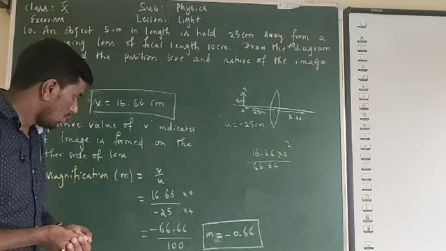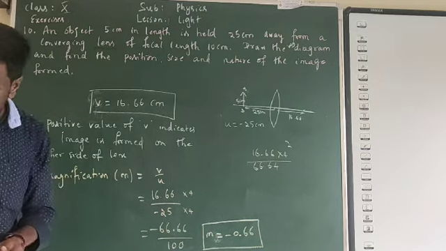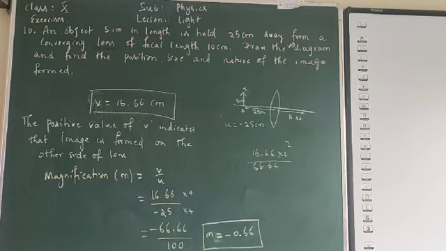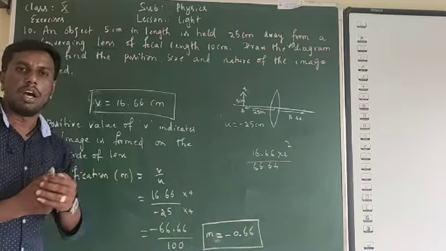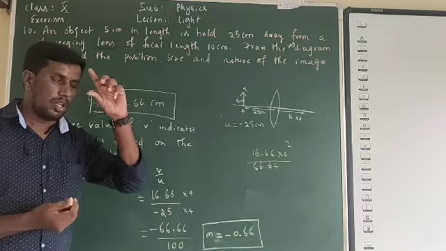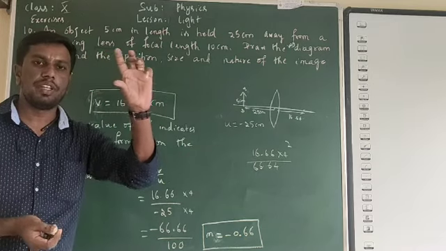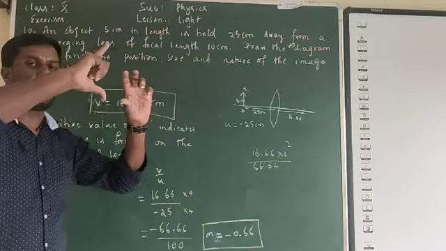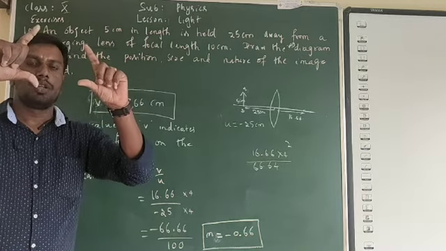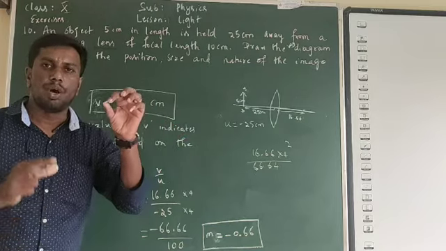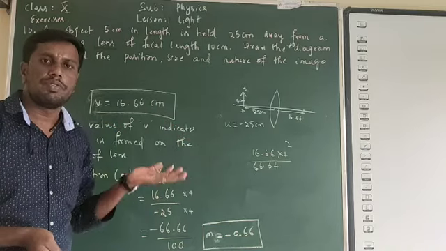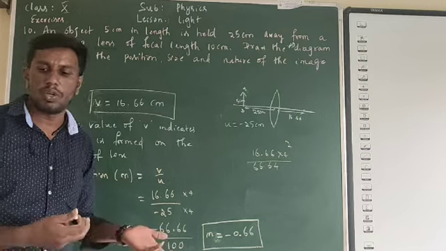Okay. So size we need to define. For that we will find out the h dash, that means the image height. If you find out the image height and compare it with the object height, you will find out which is smaller, whether it is enlarged or diminished, whatever you can define.